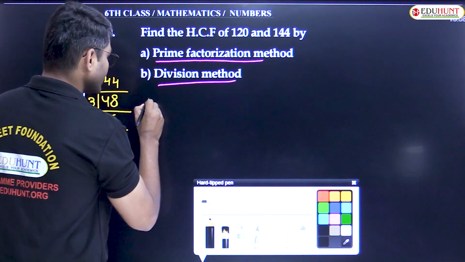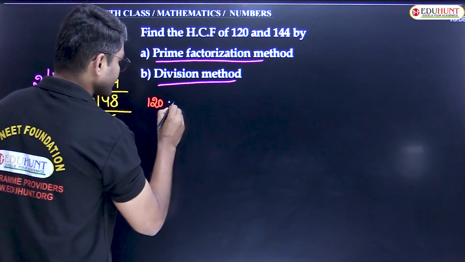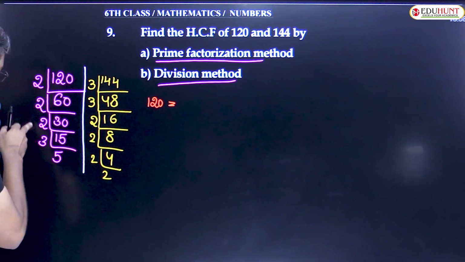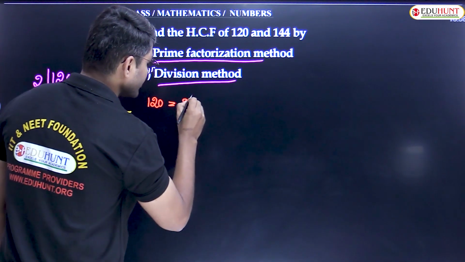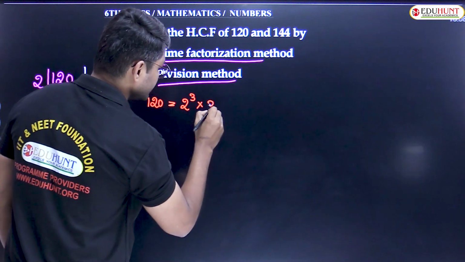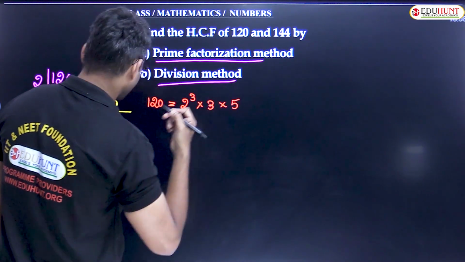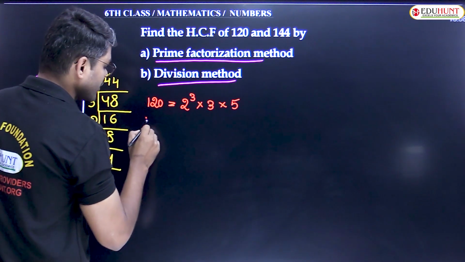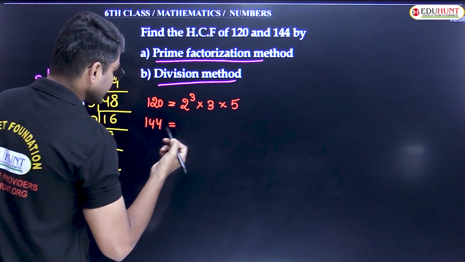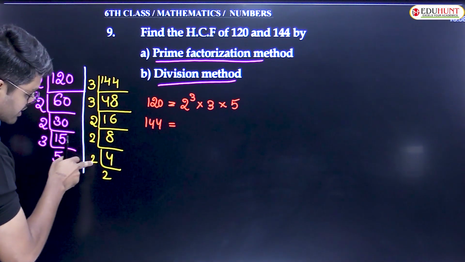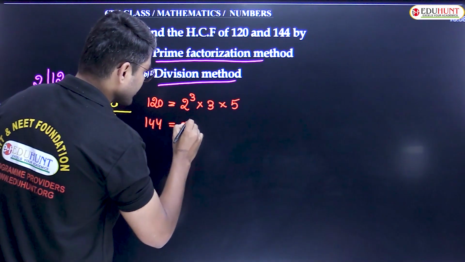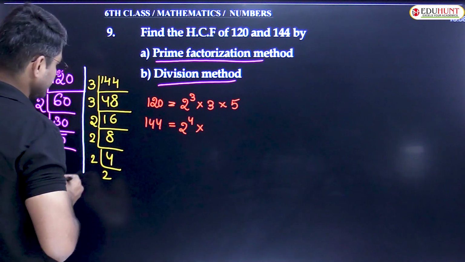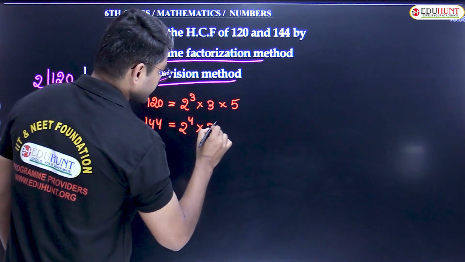Okay. 120 can be written as 2 cube into 3 into 5. And 144 can be written as 2 power 4 into 3 square.